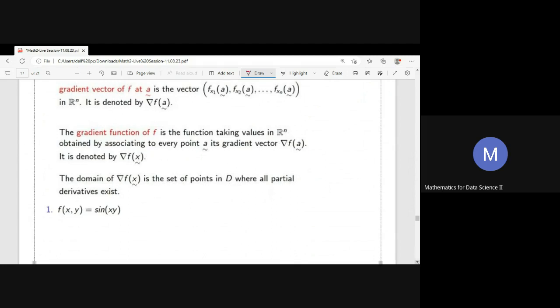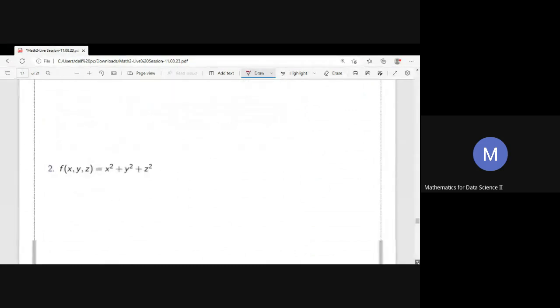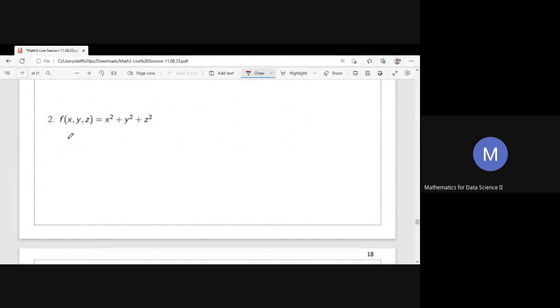This example, f of x comma y, we just did, so we can skip it. Let's do this one. What is del f of x, y, z? It is 2x, 2y, 2z. Don't forget the commas. So this is your gradient. What is the directional derivative?